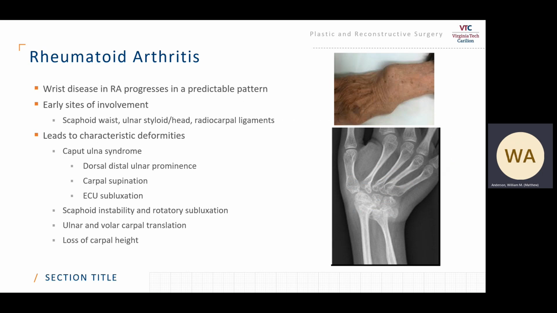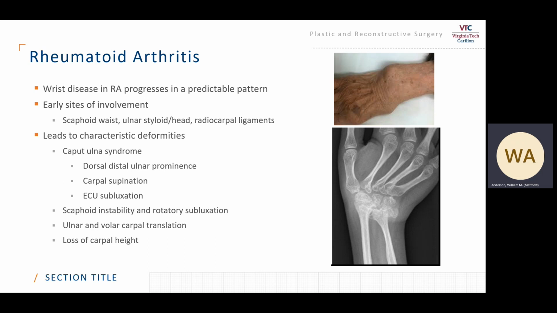So wrist disease in RA typically progresses in a very predictable pattern. The earliest sites of involvement in the RA wrist are at the scaphoid waist, the ulnar styloid and head, and the radiocarpal ligaments. Characteristic deformities result: caput ulna syndrome. This is dorsal distal ulnar prominence, which you can see in this photo here.